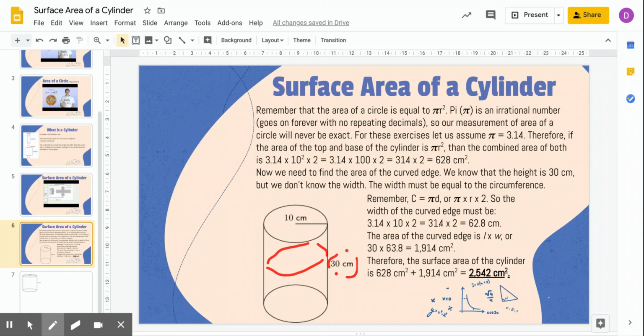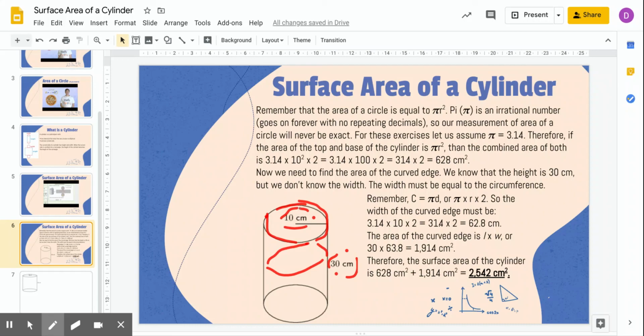Well, the width of any flat side of a cylinder is equal to the circumference of the circle, right? So whatever the circumference is, that's going to be, if we were to roll it out, our width of our curved edge. Okay, so circumference is equal to pi times diameter. In this case, we don't know diameter; we only know radius, but we do know that diameter is 2 times radius, right?